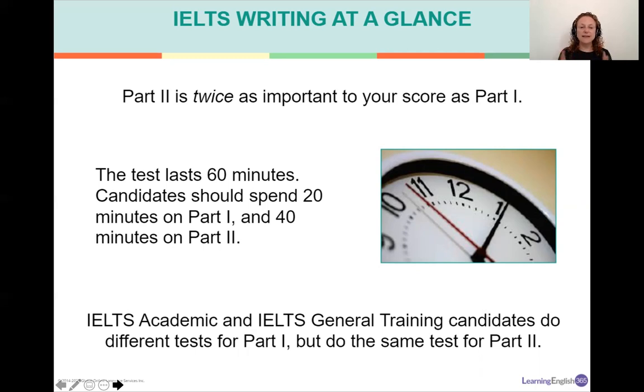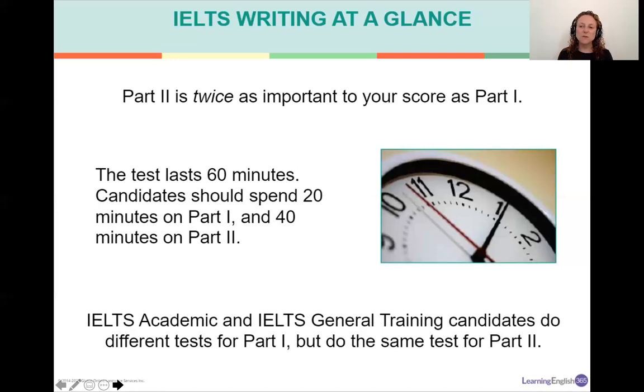There are different tasks for part one, depending on whether you're doing academic or general training. For the academic, you often have to explain what you can see in a diagram or a table or a graph, something like that. And in the general training, you will have to write a letter to explain a situation or maybe to complain about something.